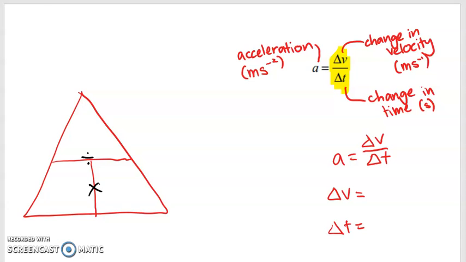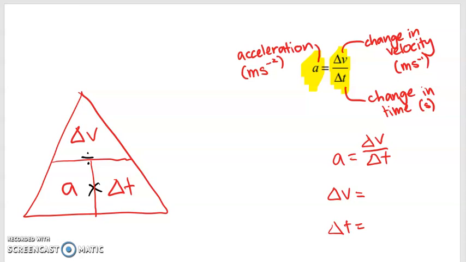We need to maintain this division, so the change in V goes at the top, above that horizontal division line, and the change in T goes at the bottom, below the horizontal division line. Then the thing before the equal sign, in this case the A, goes in our final box.